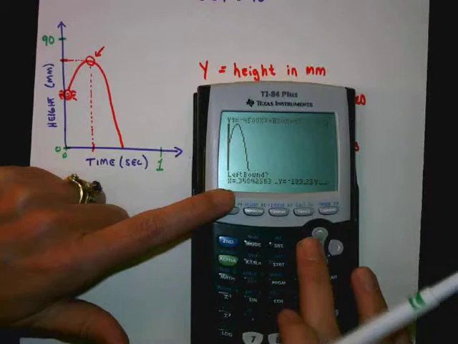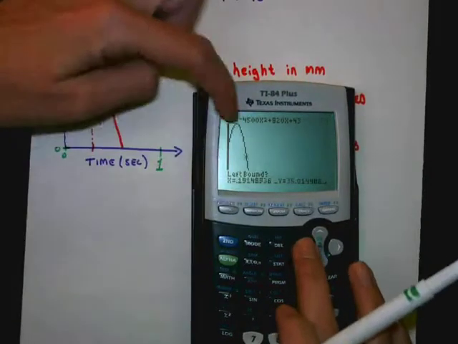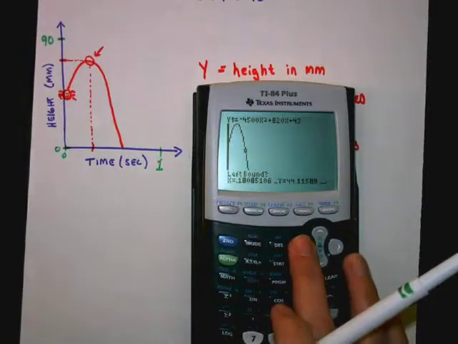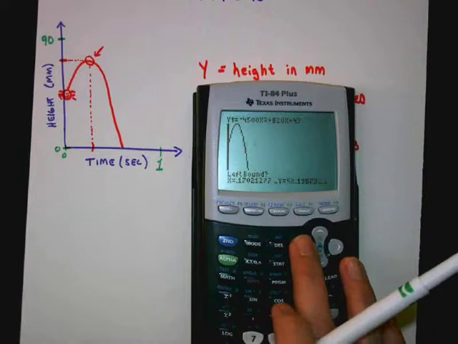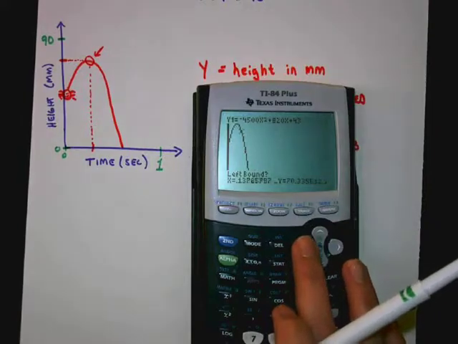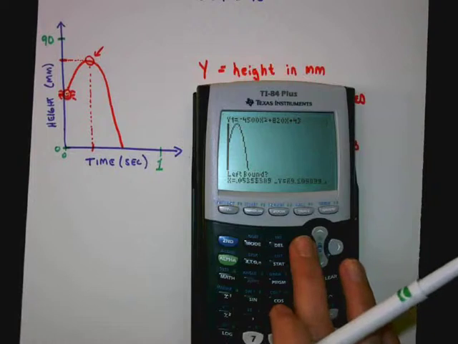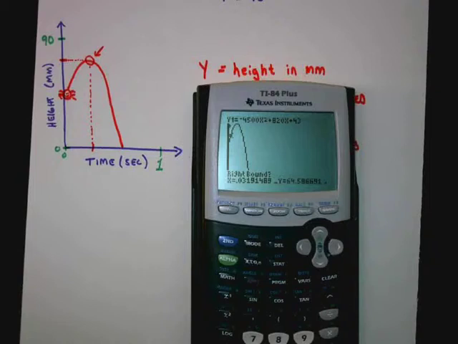And what I'm looking to see is when a little arrow shows up, tracing along, there it is. It's actually a little blinking X. At first I need to place that to the left side of the vertex because I need to say start looking here. So I'll place it to the left of the vertex and hit enter.